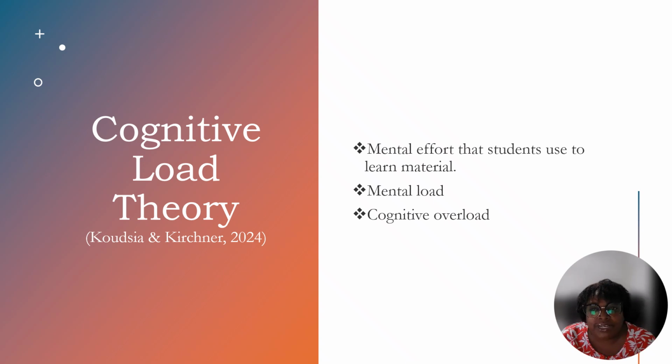The mental load is the amount of memory students can retain, and the cognitive overload is when the students try to add on more memory than the mental load. This leads to being frustrated and overwhelmed. And so the goal is to design material that reduces the mental load and avoids cognitive overload.